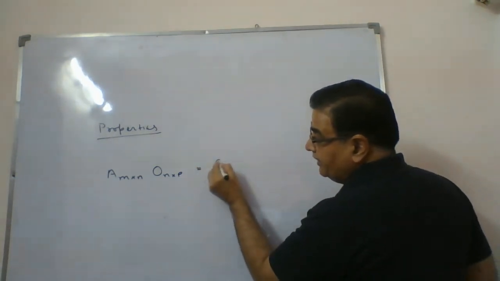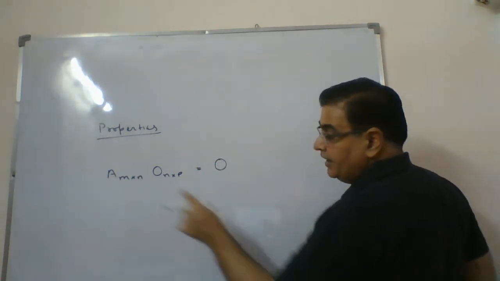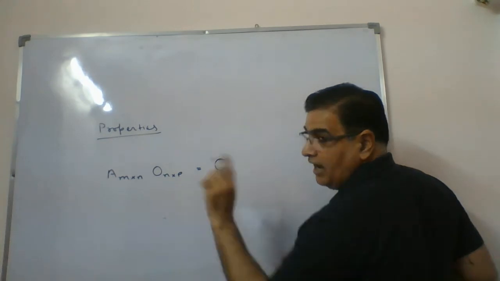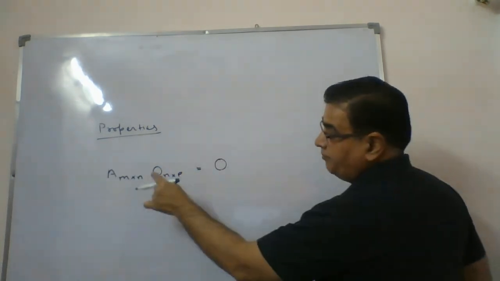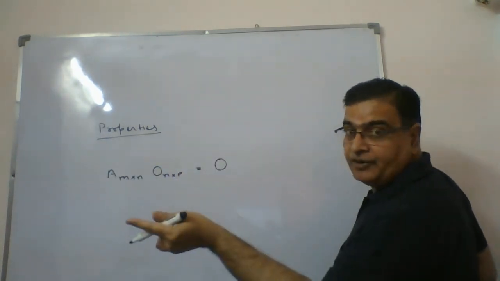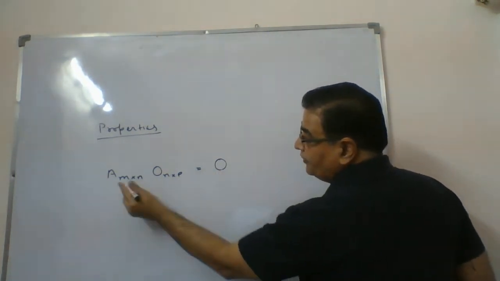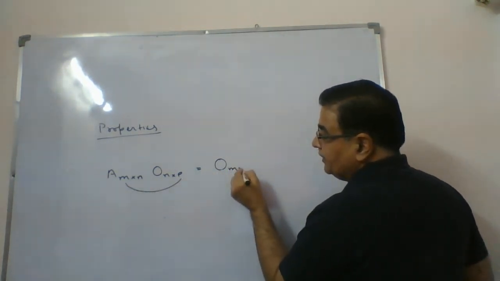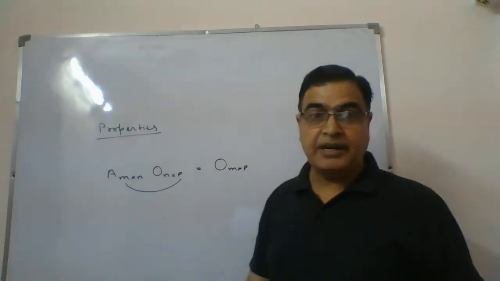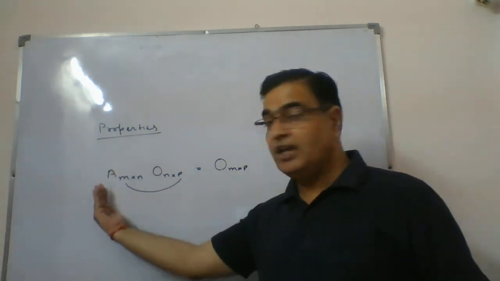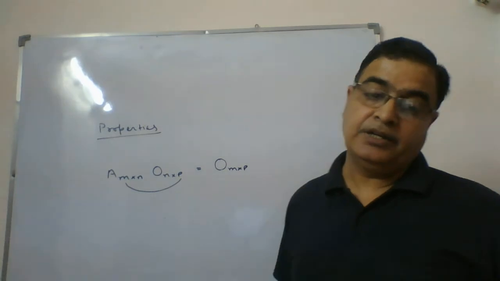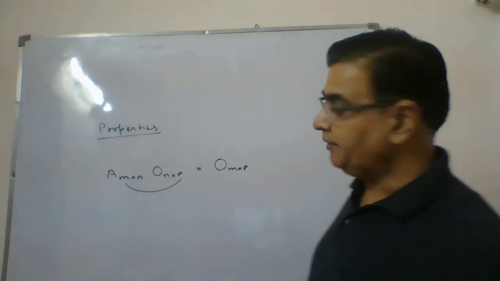Then you will get another null matrix. Any matrix multiplied with I remains unchanged, but when multiplied with a null matrix, the result is a null matrix again. Its order will be m into p. You should keep that in mind.